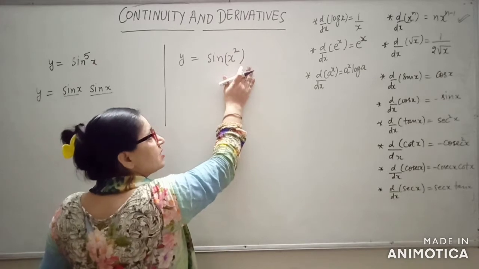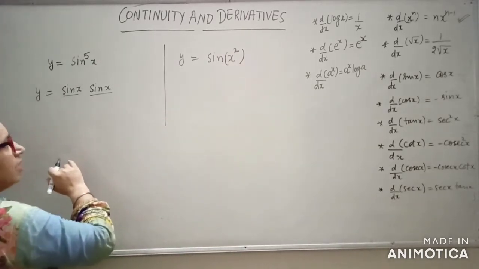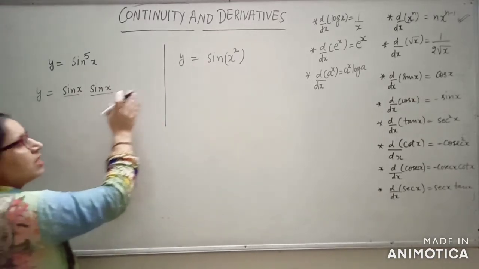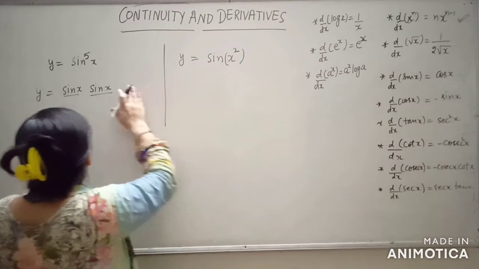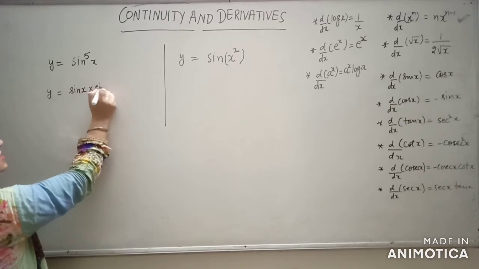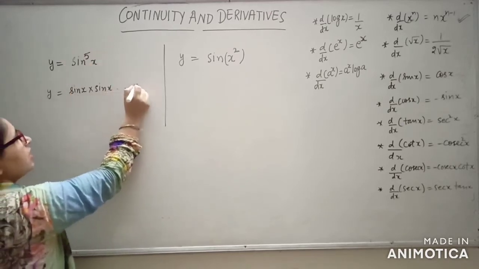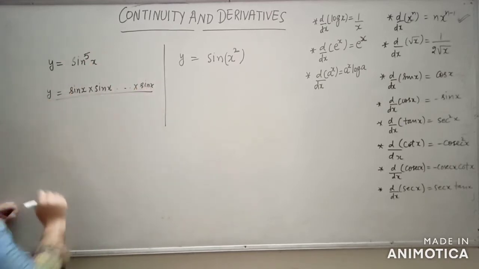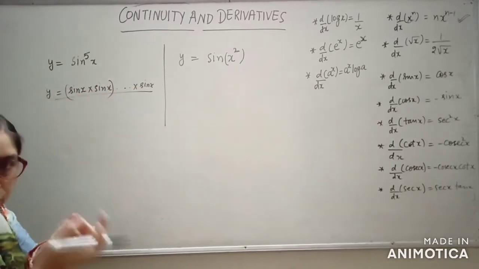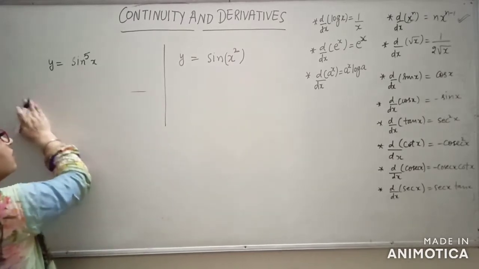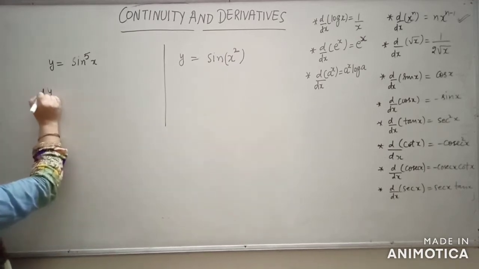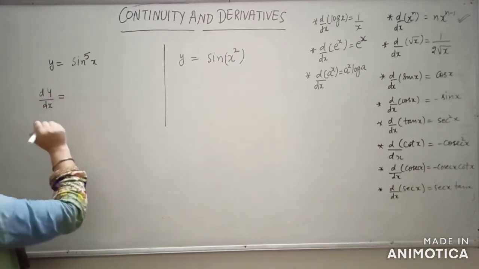Now in this question it cannot be split like this, but here you can write it as sine x, sine x, sine x, five times, if it is sine raised to power 5 x. You can apply the product rule, but the product rule at a time is applied only on 2 terms, so it becomes very lengthy. So here also we are going to apply the chain rule. So if it is dy by dx, then what would happen?